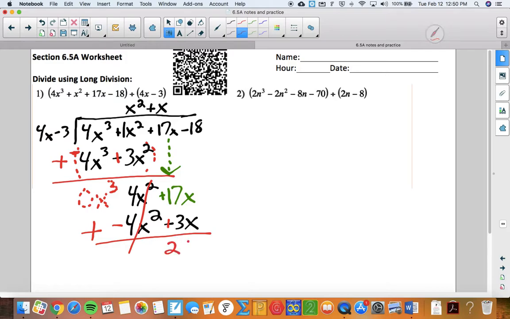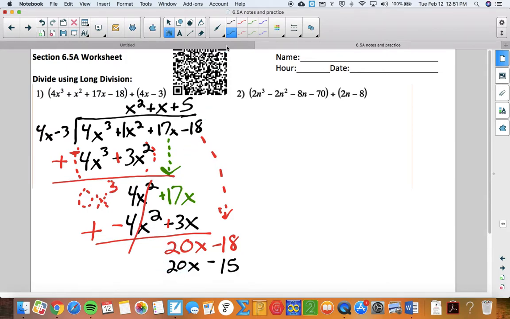Over here we get 20x. And then we bring down the remaining term. So we ask ourselves, 4x times what is 20x? 4x times 5, positive 5. So I distribute the 5 to the 4x and to the negative 3. 5 times 4x is 20x. 5 times negative 3 is negative 15.